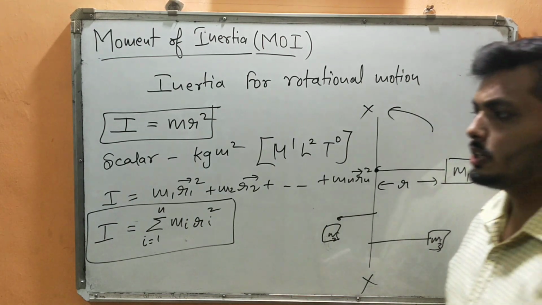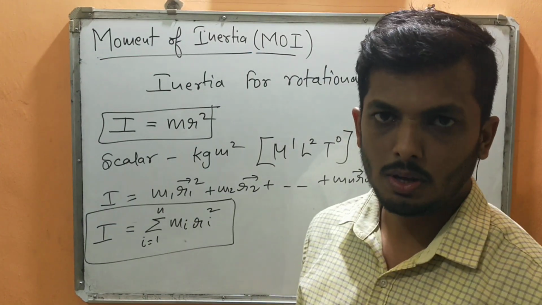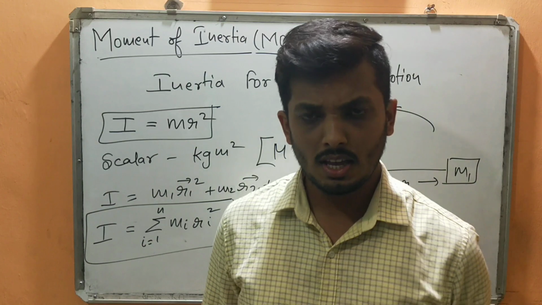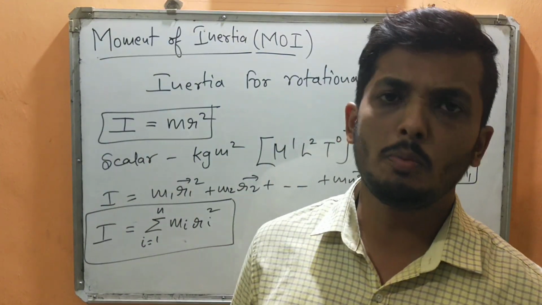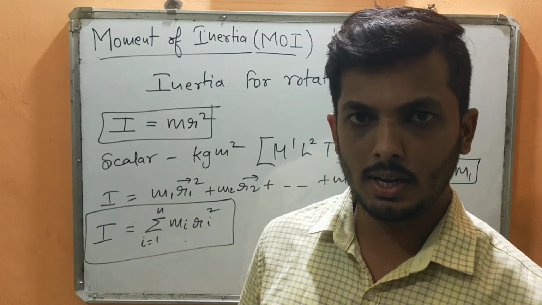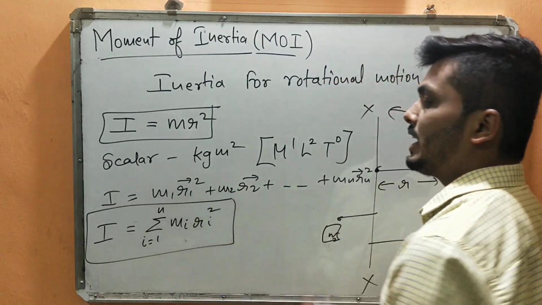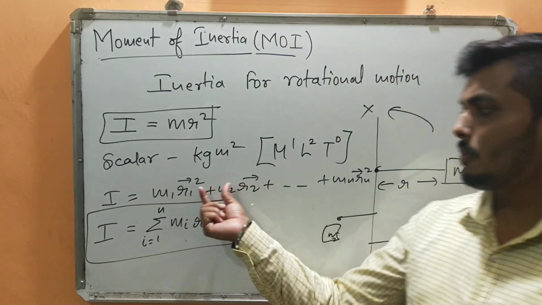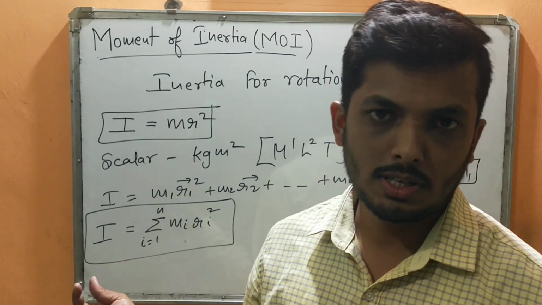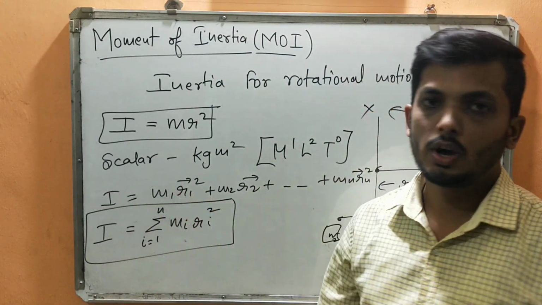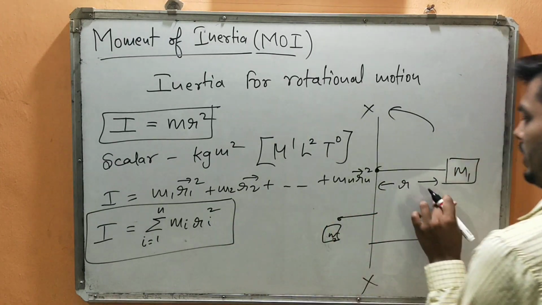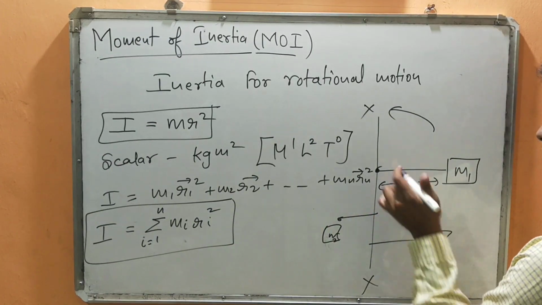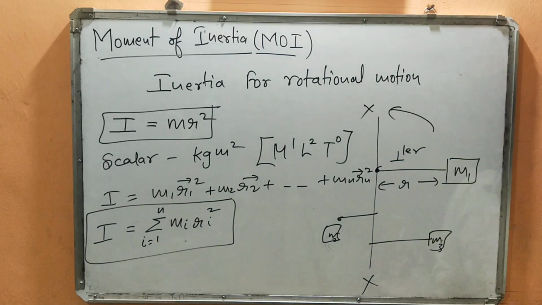So moment of inertia is not applicable for just one mass system. If there is one fixed axis, and for that fixed axis there are n number of masses connected, or a whole body, and you consider each individual particle, then moment of inertia can also be defined as the sum of the product of the mass of each particle and the square of the distance. Very important here is that the distance r is the perpendicular distance.